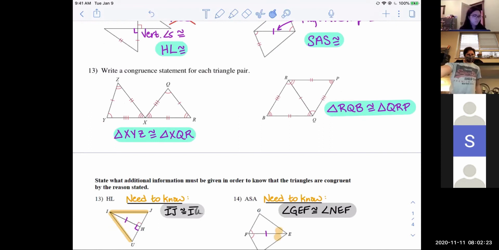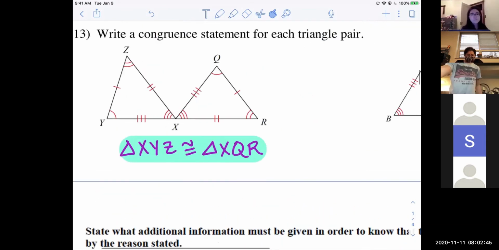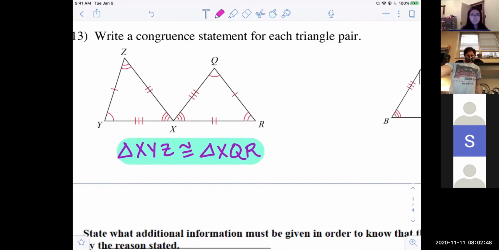Paul? For number 13, the first one will be the triangle YGX, and then just the triangle QRX. Okay, so hold on a second. Remember that for the congruent statement, you have to have the vertices matched up correctly, but the way you write the first one is completely up to you.